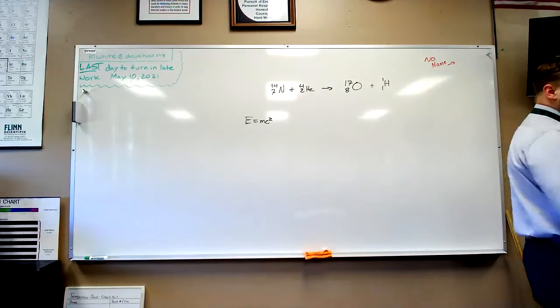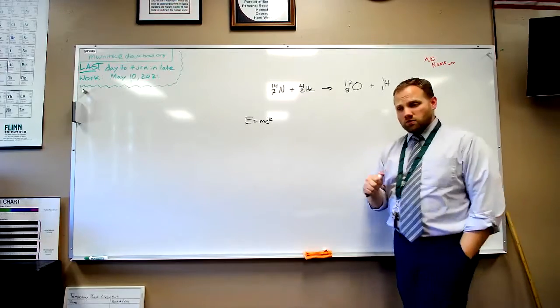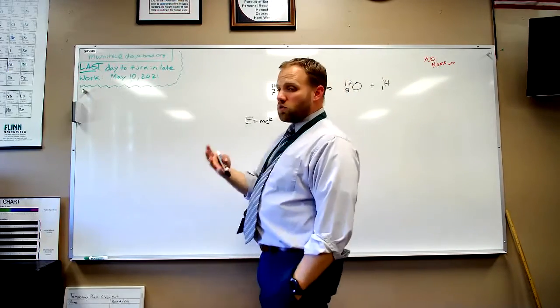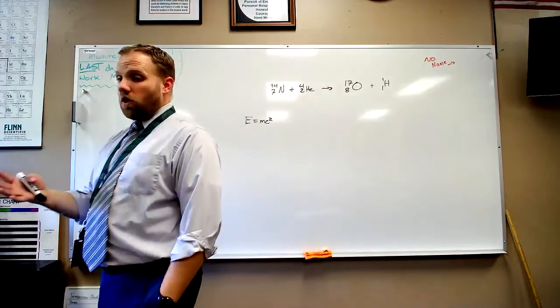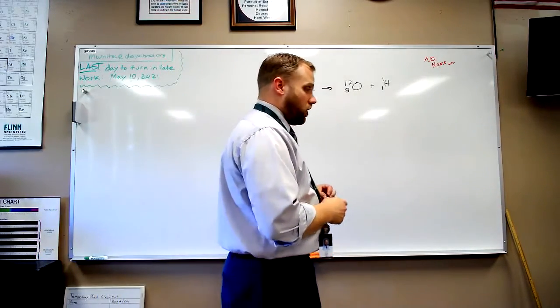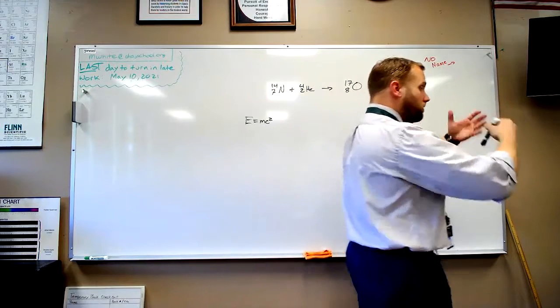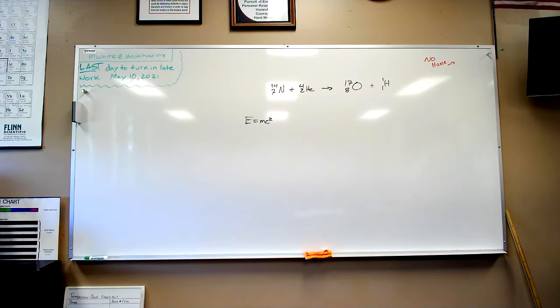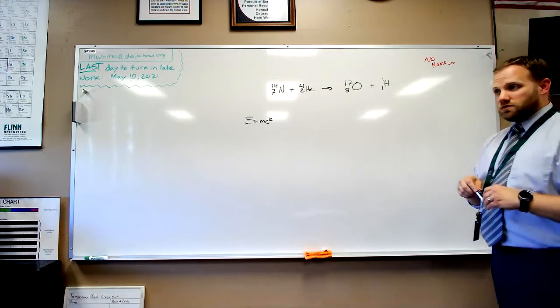Now we can do this in a little bit more controlled manner in something called a nuclear reactor. So nuclear power plant, what is actually going on? We have these big heavy elements that are undergoing fission. Now we control it. We slow it down.